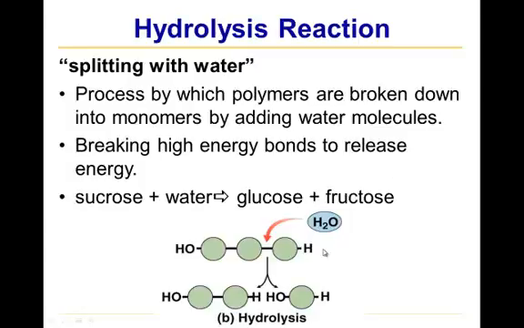Once again, if you just pay attention to this diagram here, in this case we have a chain of three, but it could be a chain of 1,000. But it's only on the end where the hydrolysis reaction occurs.